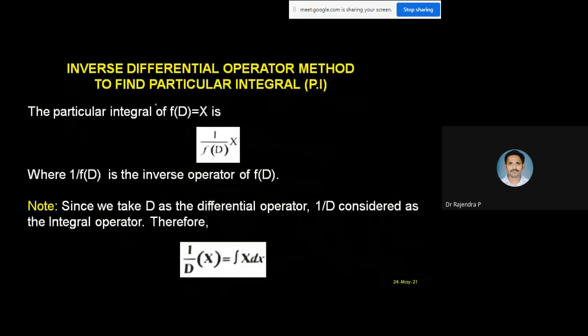Just go through this. So what we have to do? We have this equation, right? F of d into y is equal to x. Sorry, here y is missing. I will write y here.